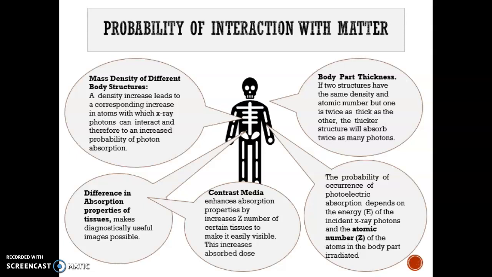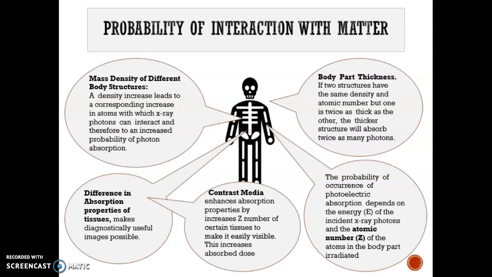We also have to consider the atomic number of the atom we're dealing with. For example, calcium, which is found in bones, has an atomic number of 20. So it undergoes much more photoelectric absorption than an equal mass of soft tissue, or air for that matter, because air has an effective atomic number of 7.6.